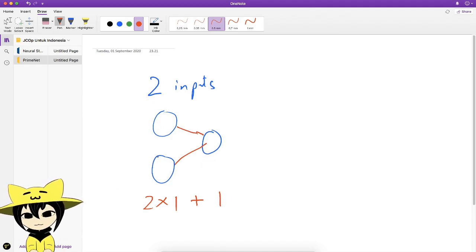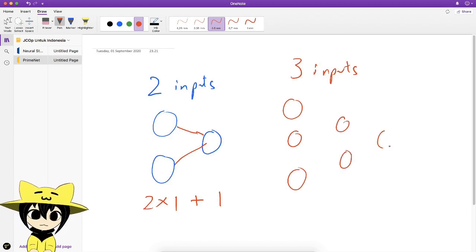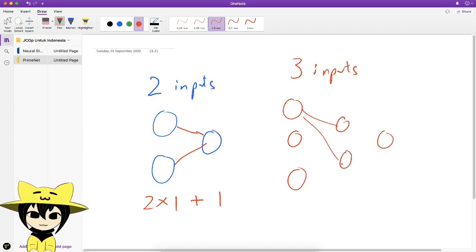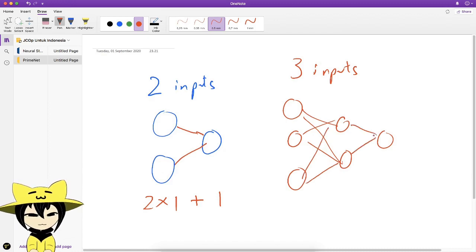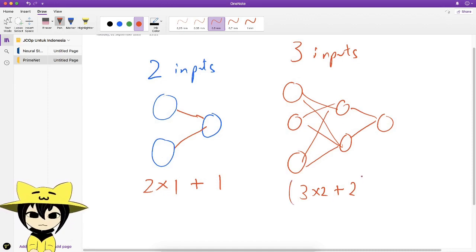If we start with three inputs, then it would look like this: 1, 2, 1, 2, 1, 2. So the number of weights would be 3 times 2, plus the number of neurons here, because there will be two biases here.